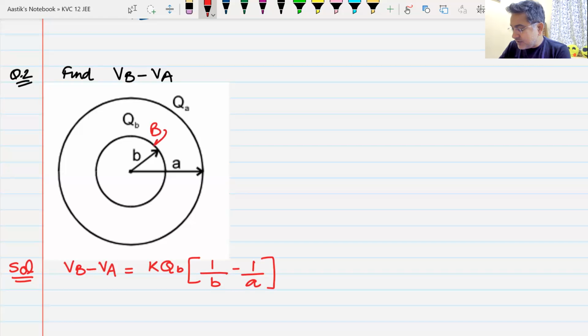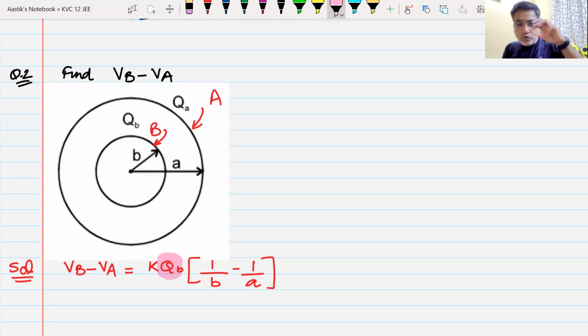You just take this point as B, you just take this point as A, which we have already done in the previous question. You find the potential of point B, you find the potential of point A, and you will see that QA will disappear from the equation. You only have QB in the equation, and that is the big revelation.